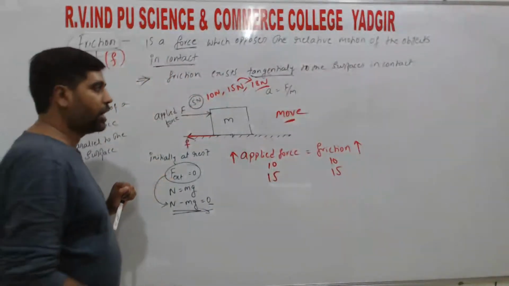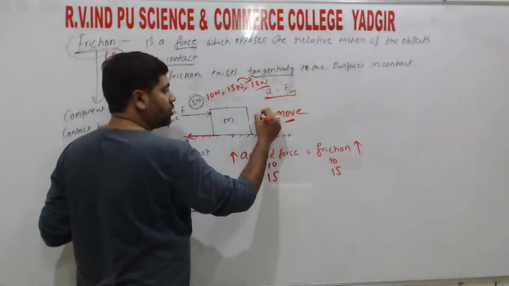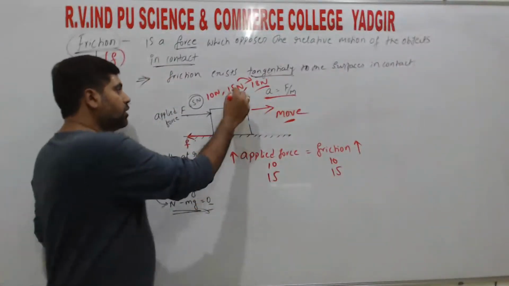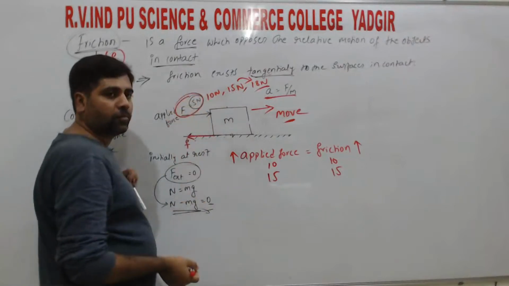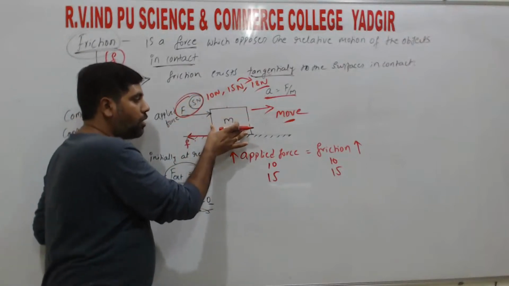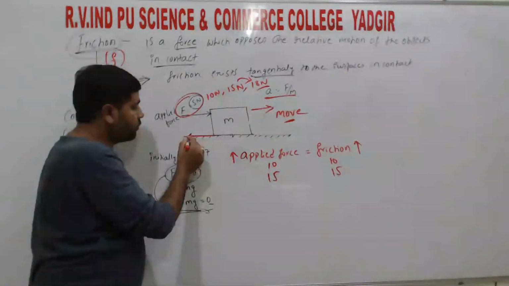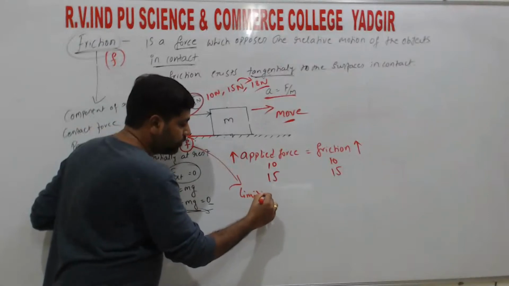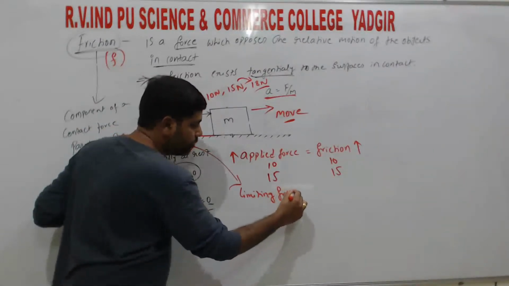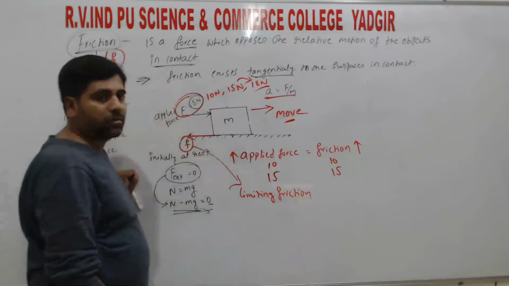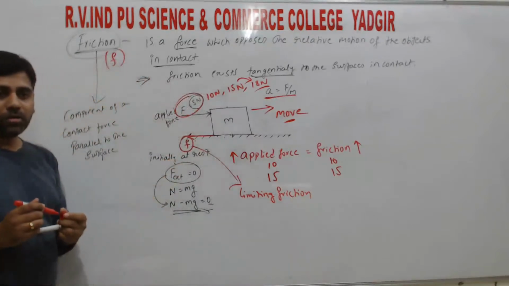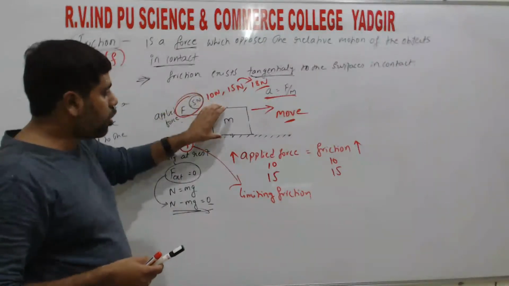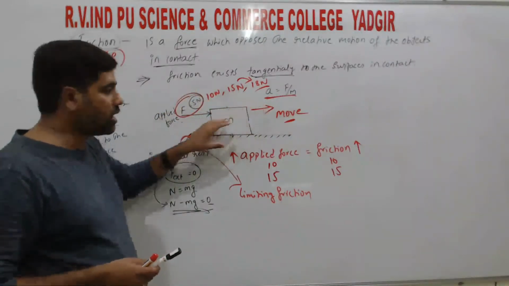move, right? So with an acceleration a is equal to F by m. So this friction we call as limiting friction, right? That force we call limiting friction when the force we are applying makes the object start to move, that means the maximum.